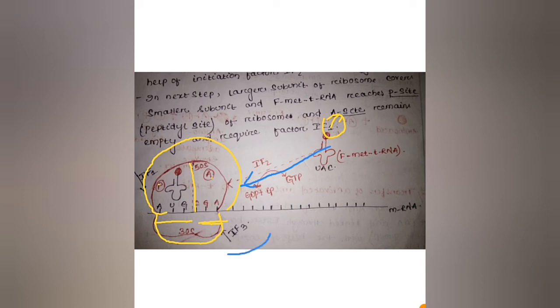Here, initiation factor IF3 helps when the smaller subunit covers the mRNA, IF2 helps the tRNA to cover the P site, and IF1 helps the larger subunit to cover the smaller subunit.